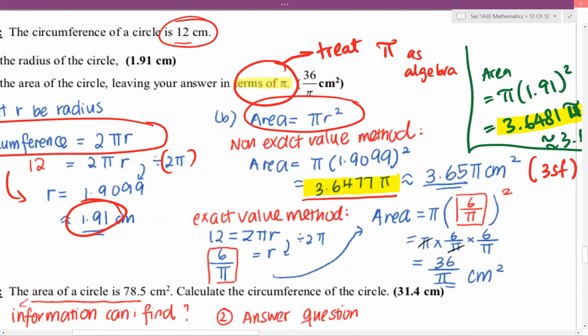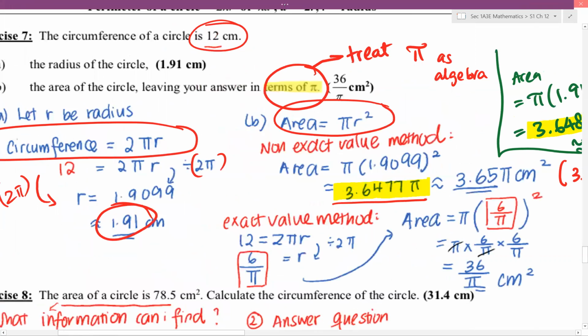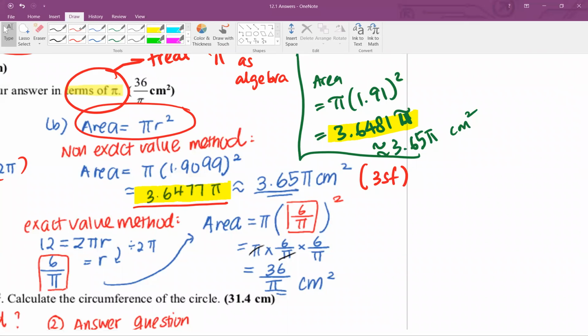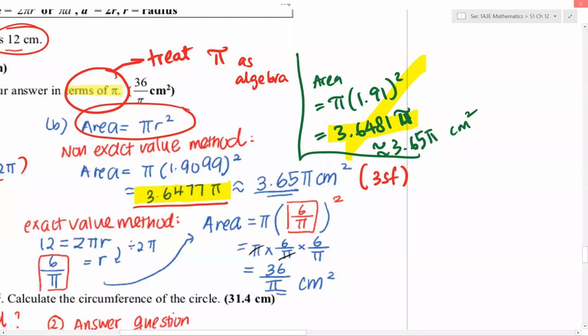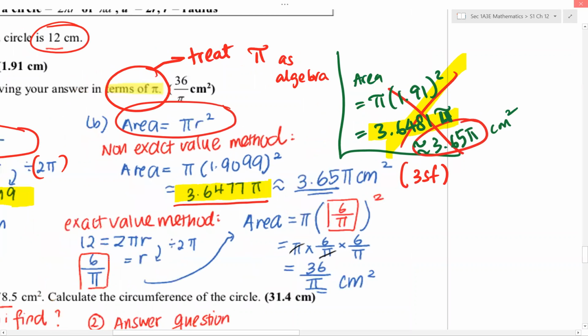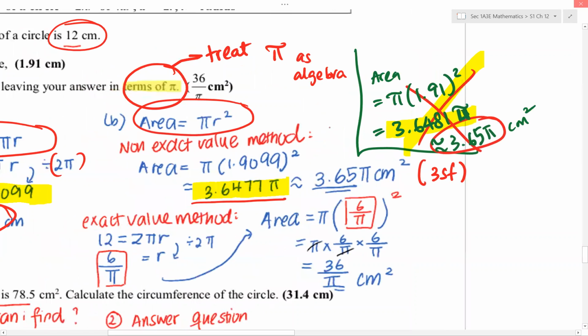But this is better than this. We don't want to use this because 1.91 is very imprecise. Although the final answer is the same in 3 SF, we don't want to use that. Now, this is the not exact value method.